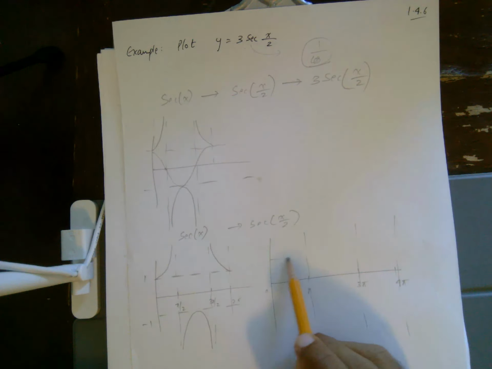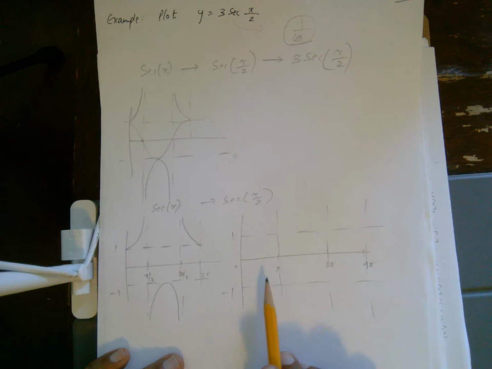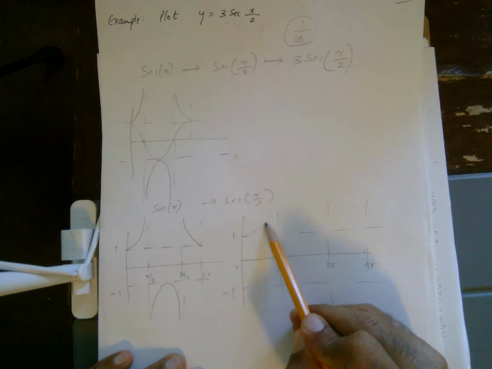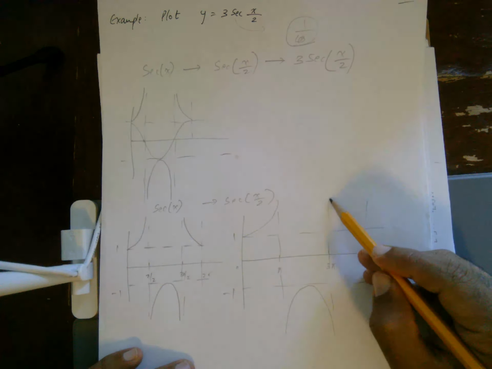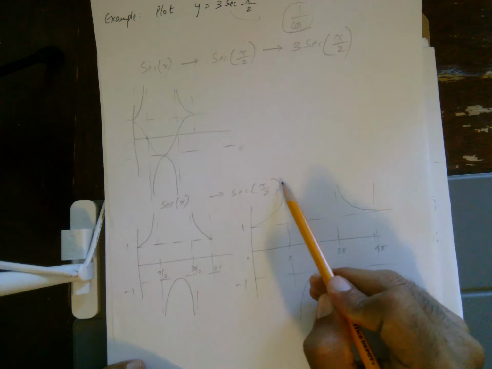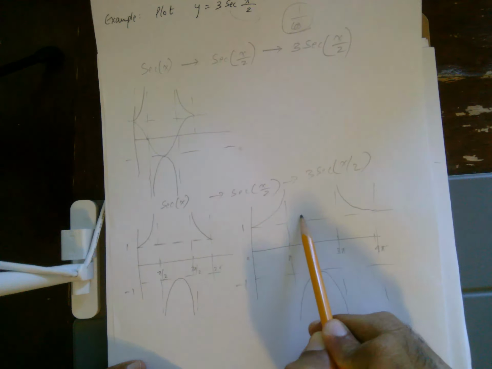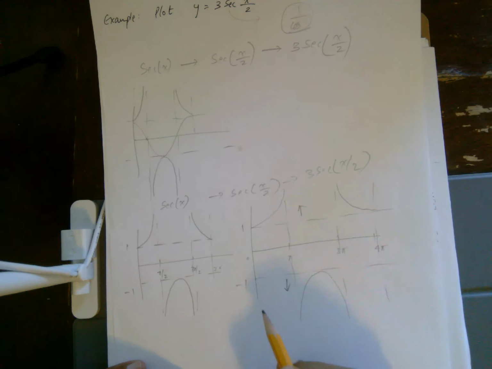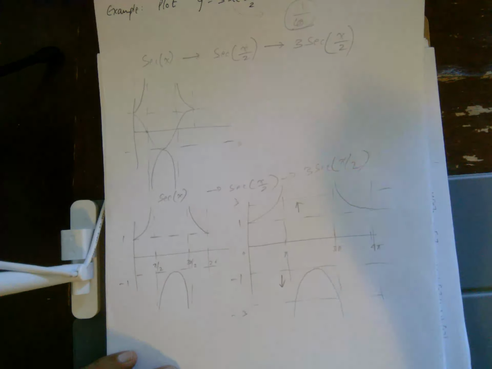It's not going to change the amplitude value, so all it's doing is stretching out my graph. And then finally 3 secant x over 2, all it's going to do is move this up and move this down to negative 3 and 3. Yeah, so you can see what happens.